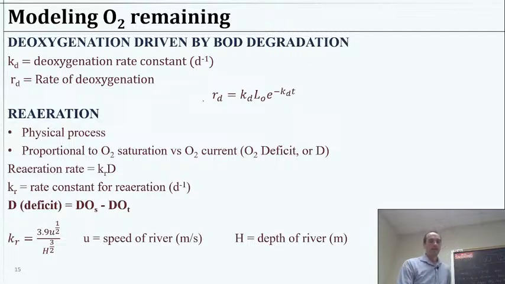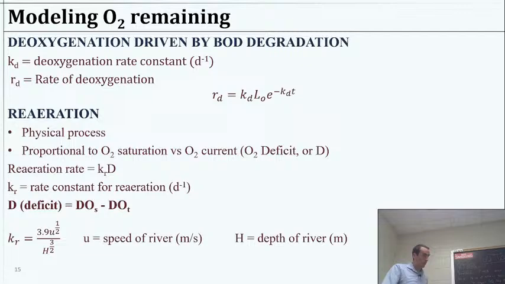So we were talking about this reaeration, and I was just starting to say that reaeration is a physical process, that's the deficit concept we were talking about. We can define the K_r based on the physical parameters of our river. So if it's moving fast, if it's splashing a lot, that can all make an impact.